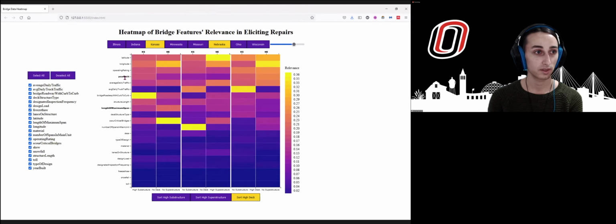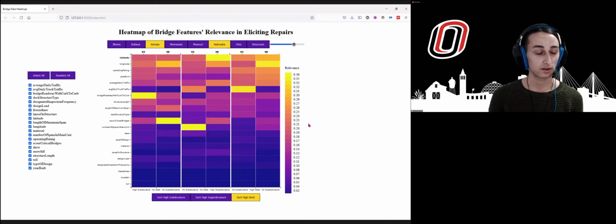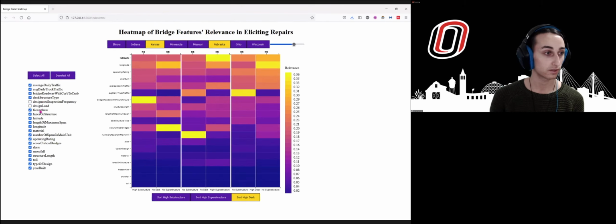Here we see that latitude is the most relevant feature for these two states in prompting deck repairs. But with the heat map here, maybe the bridge engineer thinks there's a little bit too much going on. So they can go over here and deselect some of the less relevant features.